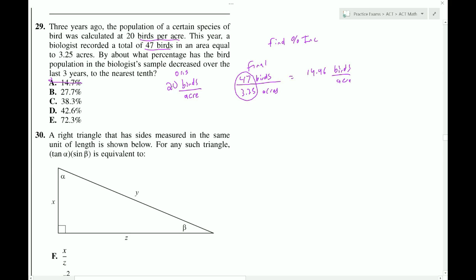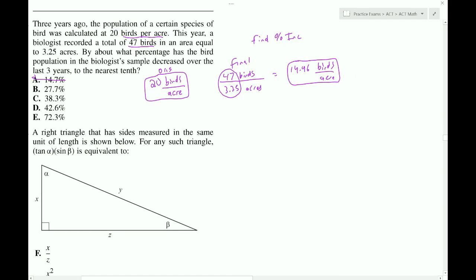At this point we have to find the percent change between the number 20 and the number 14.46. One way to do that is to use our multiplier formula, which is original times multiplier equals final. We know the original is 20, the multiplier will be x, and the final is 14.46.